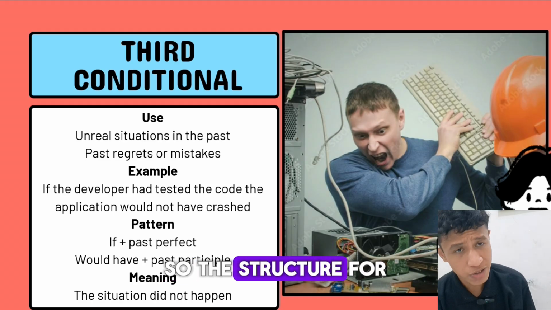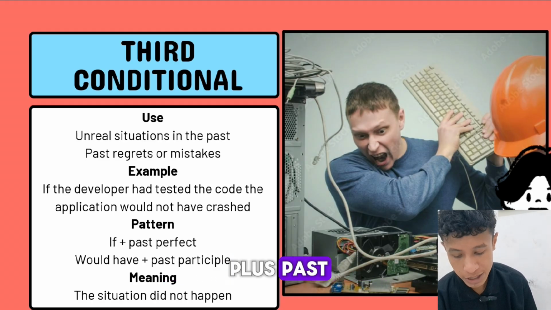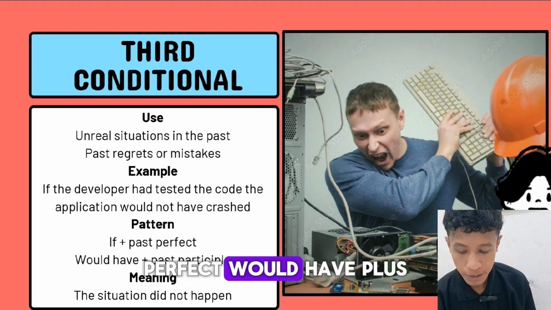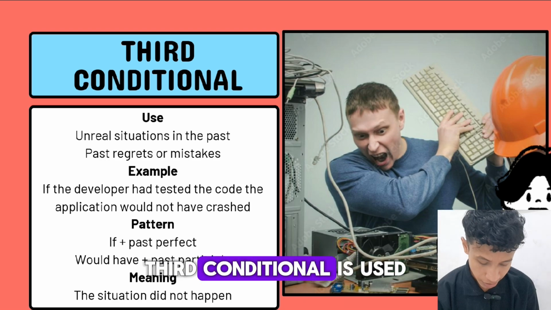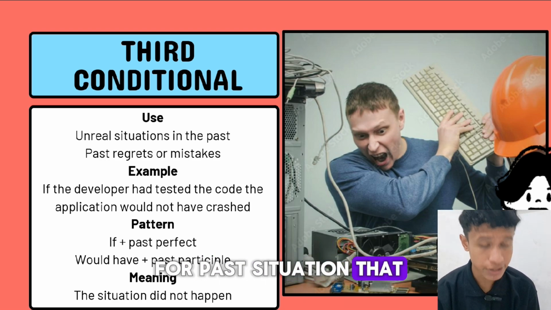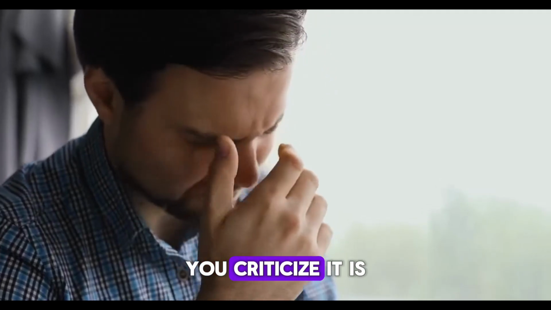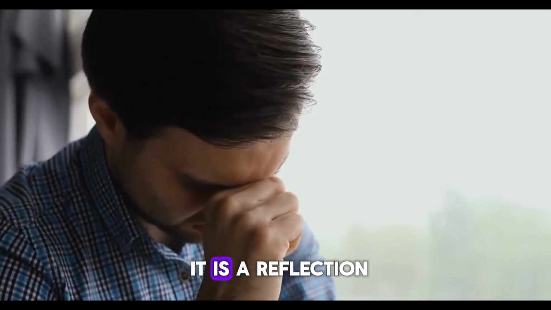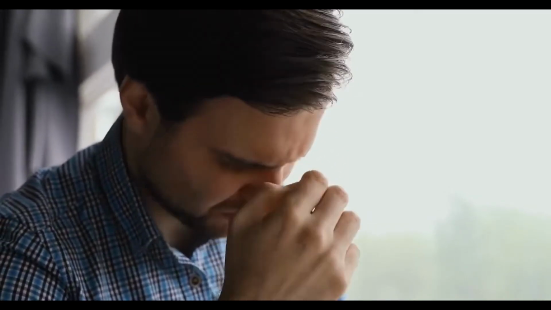So the structure for this sentence is if plus past perfect, would have plus past participle. Third conditional is used for past situations that did not happen but you regret or criticize. It is a reflection on past mistakes.